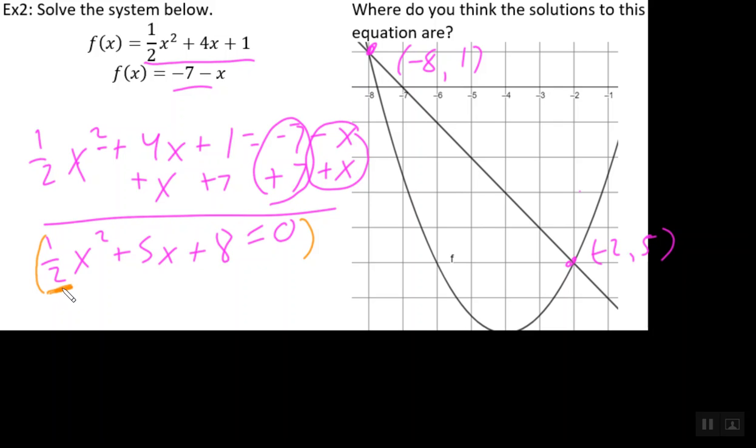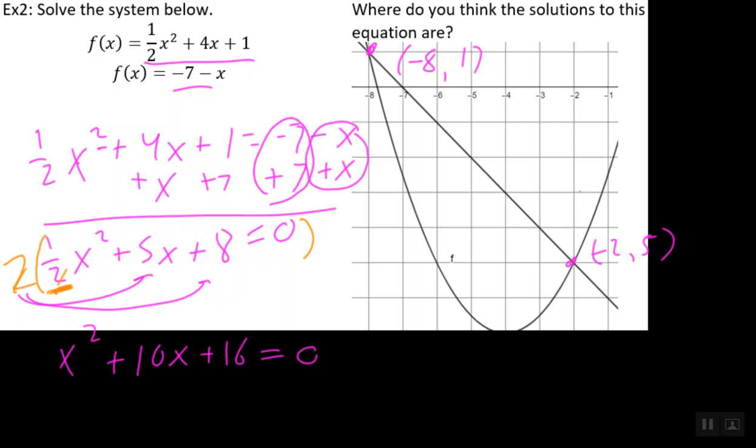We see that the number here in the bottom is a 2, so I'm just going to multiply this whole thing by 2. Now, 2 times 1/2, the 2's cancel, and we're left over with 1x squared, which gives us a nice simple quadratic. Okay, 2 times 5x will be 10x, and 2 times 8 will be plus 16. And of course, we'll set this equal to 0.